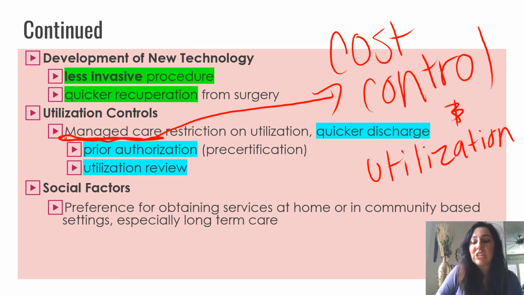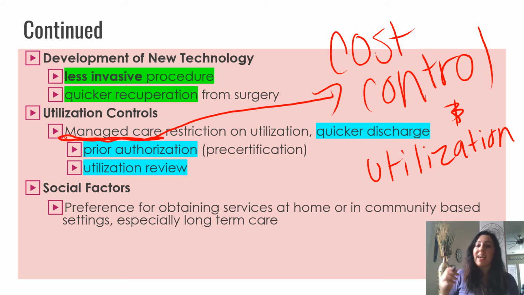So what managed care started doing was going to the employers and saying, hey guys, we are going to charge you less money for your premiums because we can reduce our costs everywhere else. We control utilization. There's no waste with us. And there really was no waste with them because they controlled the crap out of utilization.